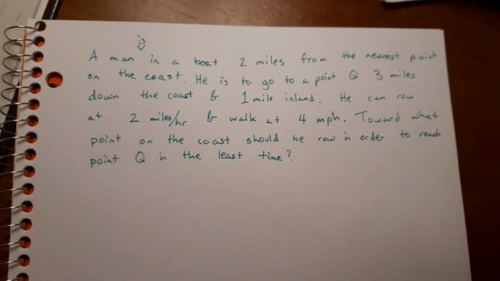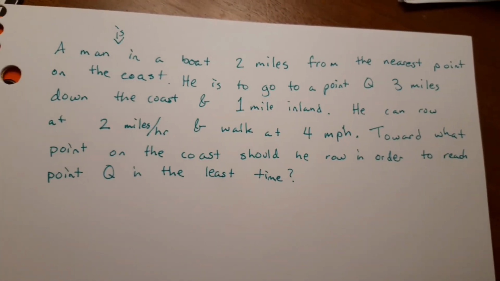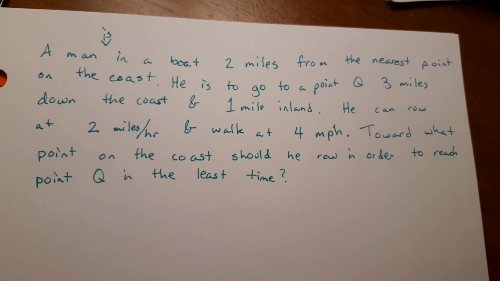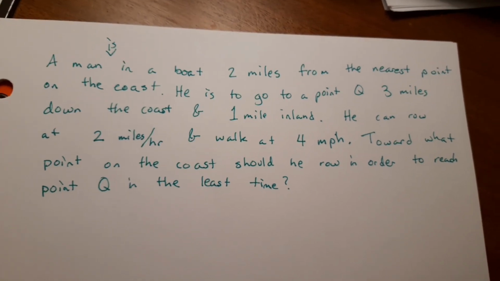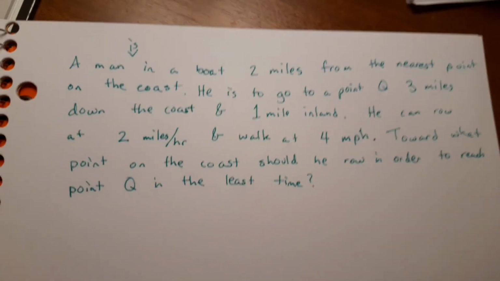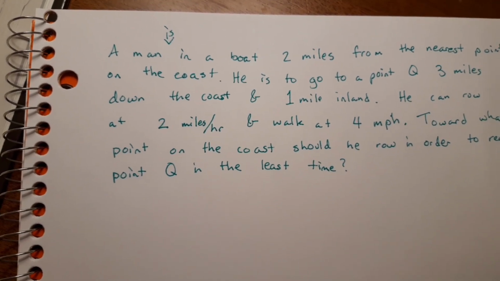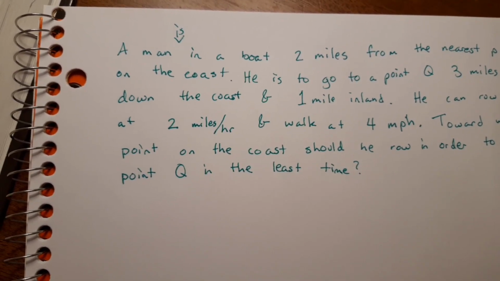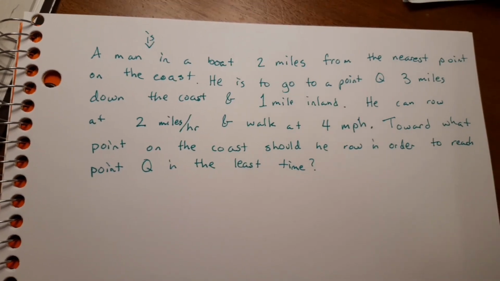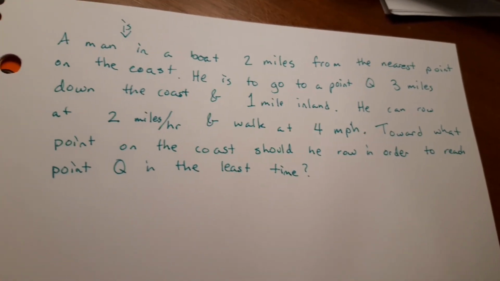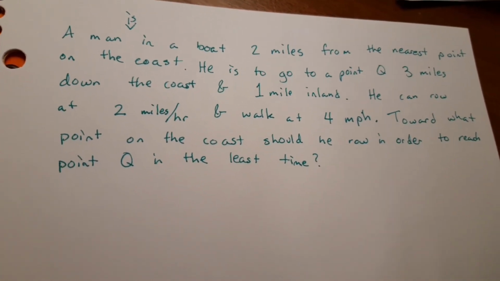Okay, so here's the whole problem. A man is in a boat 2 miles from the nearest point on the coast. He is to go to a point Q 3 miles down the coast and 1 mile inland. He can row at 2 miles per hour and walk at 4 miles per hour. Toward what point on the coast should he row in order to reach point Q in the least time? You have actually thought of this problem before if you have ever cut across the grass on campus.